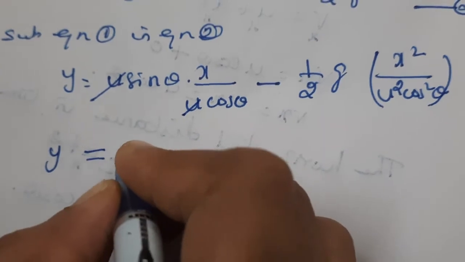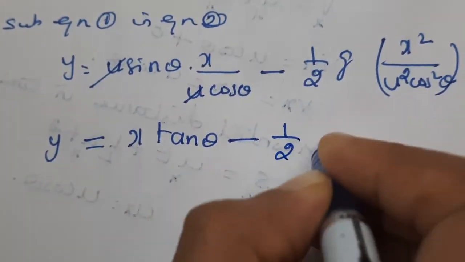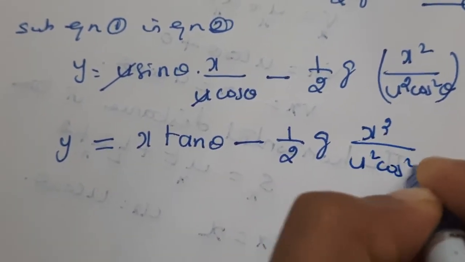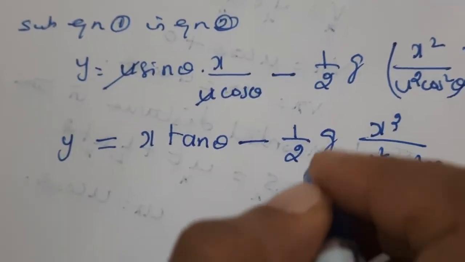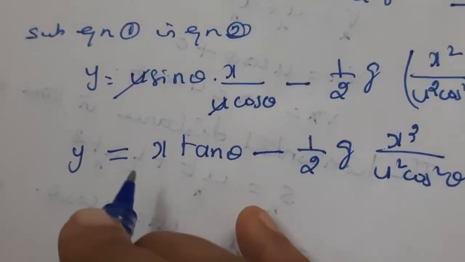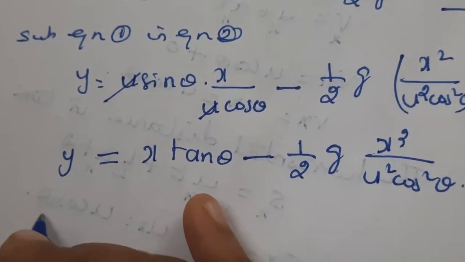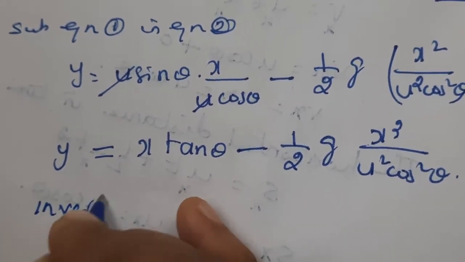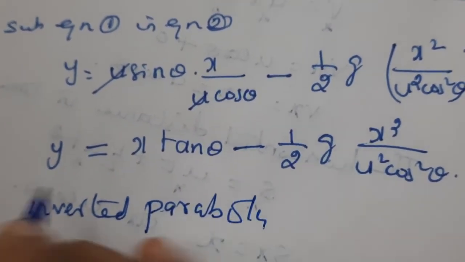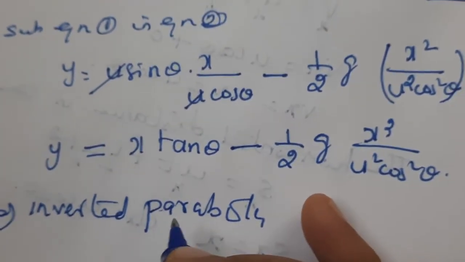So x tan theta minus half g x square by u square cos square theta. This is also the equation of a parabola. So the path followed by the projectile is an inverted parabola.